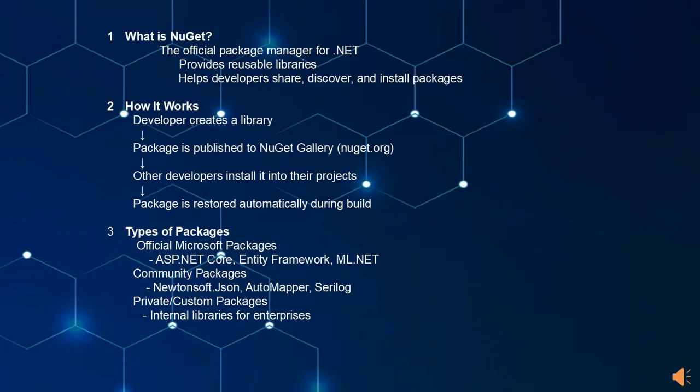NuGet offers different types of packages: official Microsoft packages like ASP.NET Core, Entity Framework, and ML.NET; community favorites, such as Newtonsoft.Json, Authenticate, and Serilog; and even private custom packages for enterprise use.